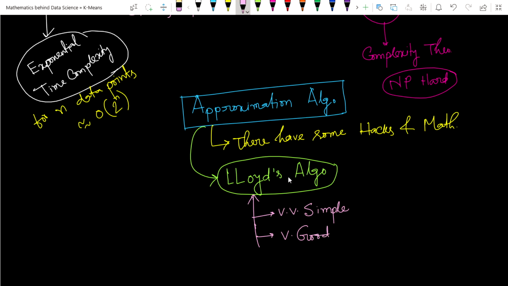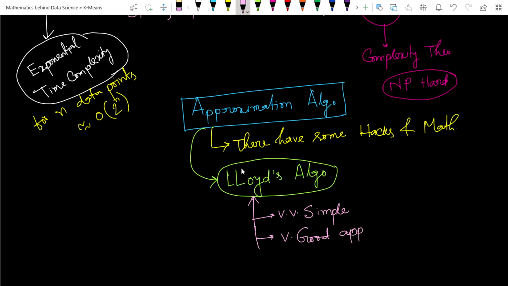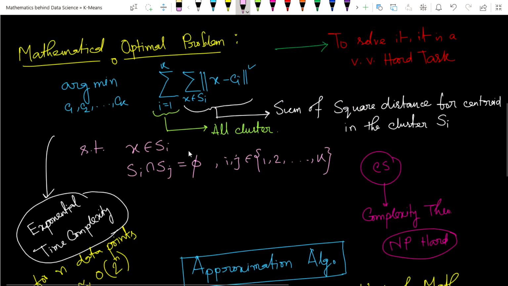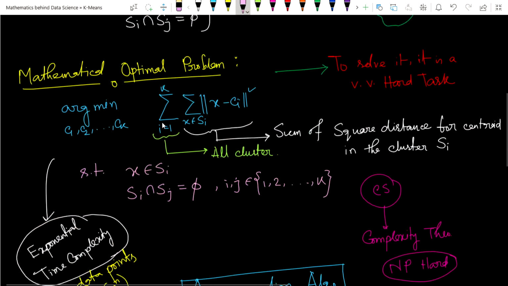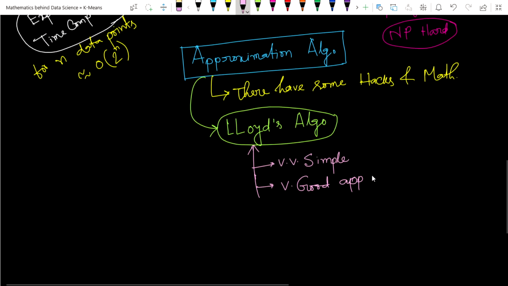There are various kinds of approximation algorithms, but because of its simplicity, it is very easy to understand, and because it's a very good approximation, we will use Lloyd's algorithm to approximate the answer for these mathematical problems, to find the centroids of the clusters in the k-centroid method.